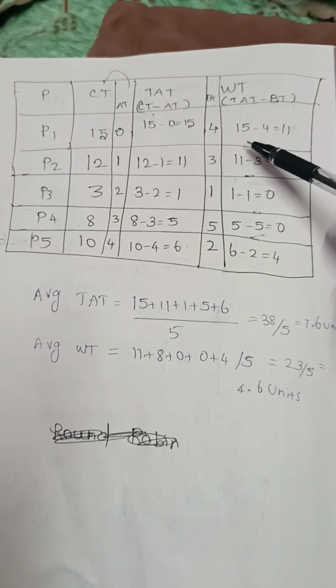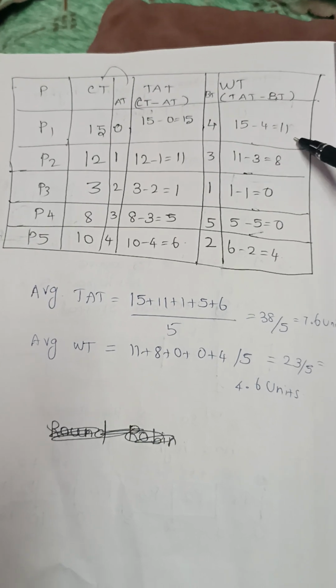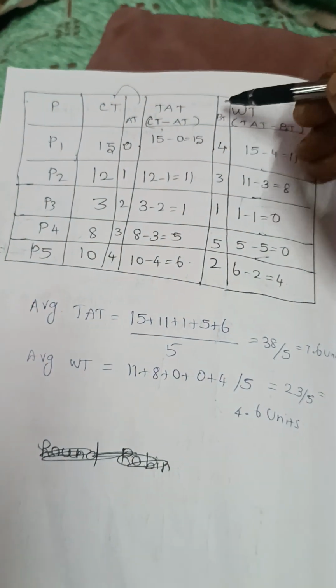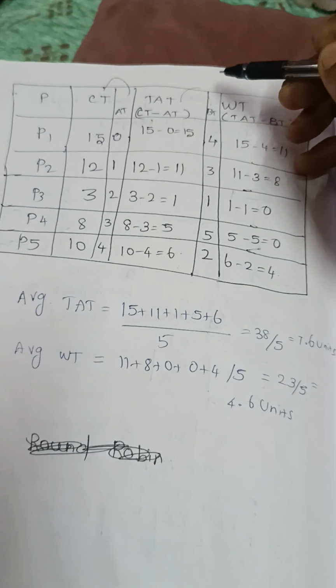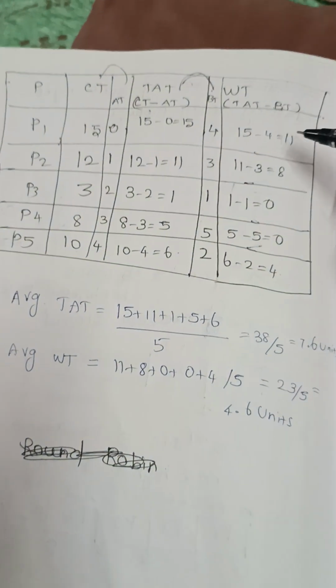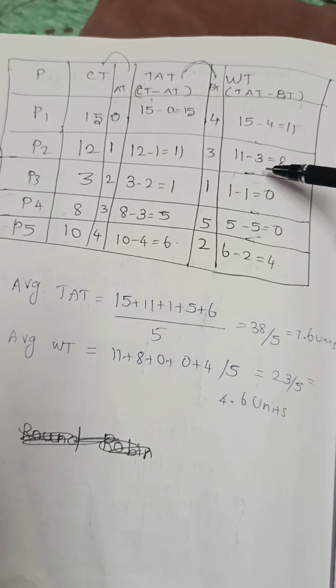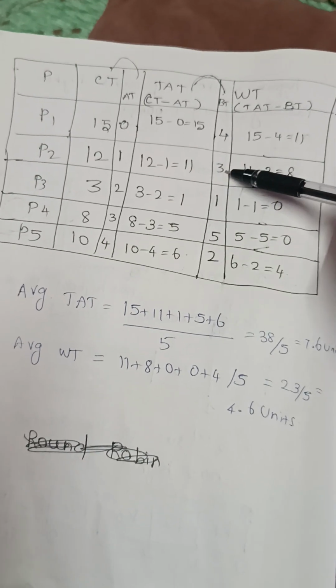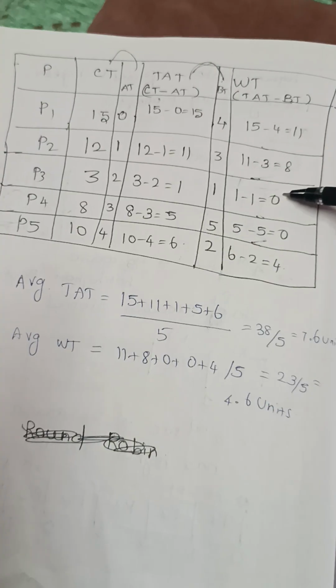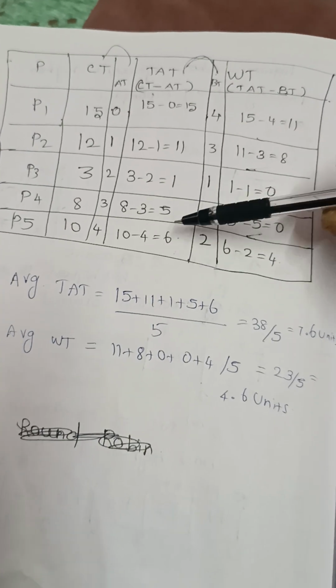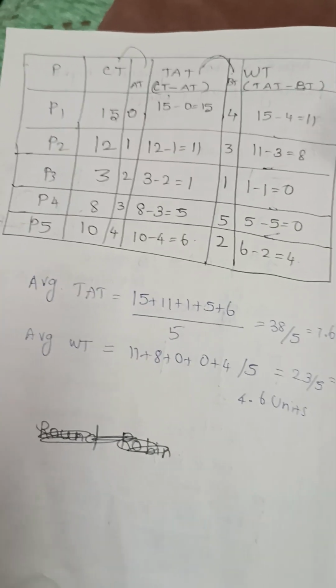Waiting time is calculated as turnaround time minus burst time: 15 minus 4 equals 11, 11 minus 3, 8, 1 minus 1 equals 0, 5 minus 5 equals 0, 6 minus 2 equals 4.